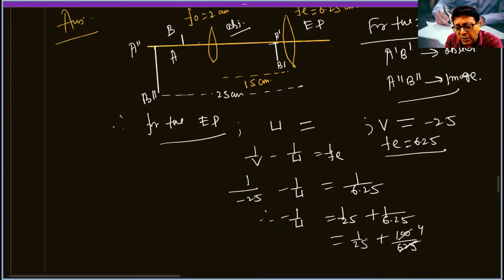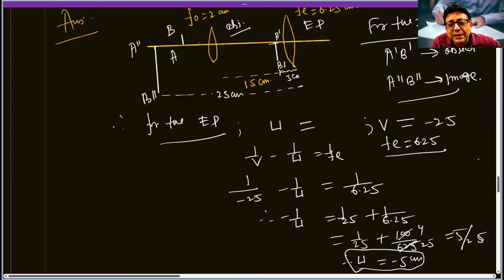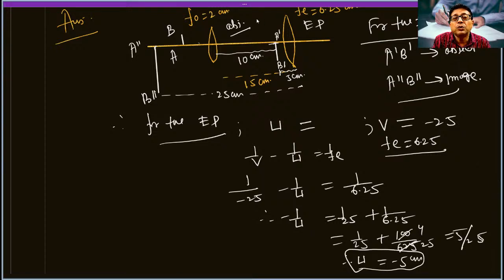So 25 by 4, 5 by 25. So U equal to minus 5 centimeter. Okay? U minus 5 means, in the diagram, you always keep a diagram ready. This is 5 centimeter. So this 5 centimeter means this one is 10 centimeter. Now go to the eyepiece. Go to the objective. What do you get in the objective?